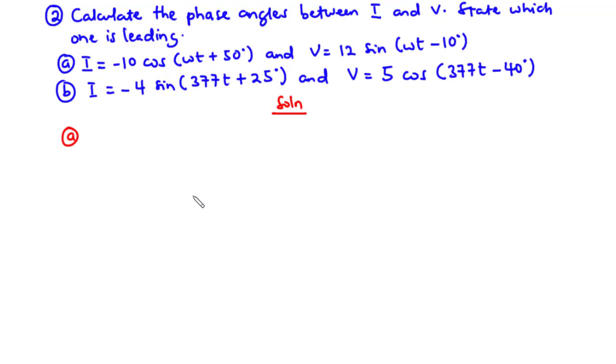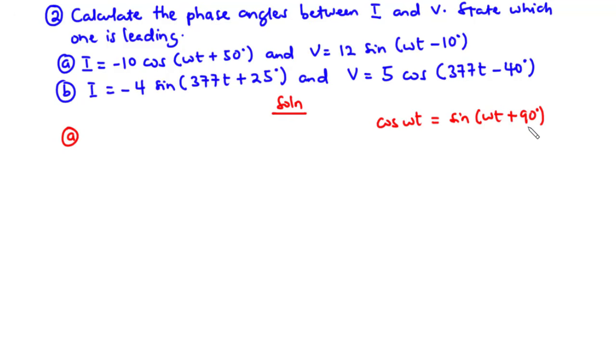Now to do so, there are some basic trig identities that we should be familiar with. The first one is cos omega t is equal to sine omega t plus 90 degrees. If you have a positive amplitude for a cosine waveform, then that should be equal to sine of omega t plus 90 degrees.